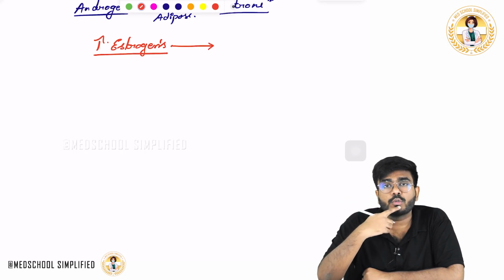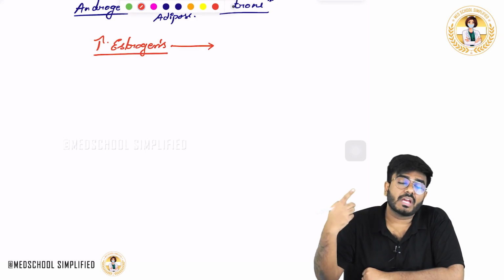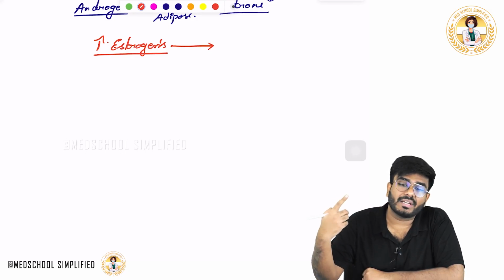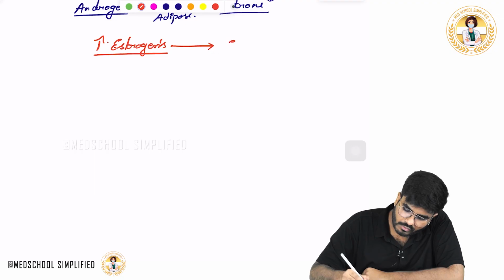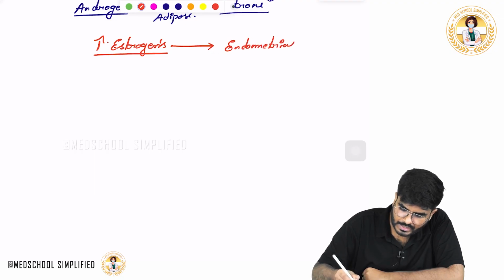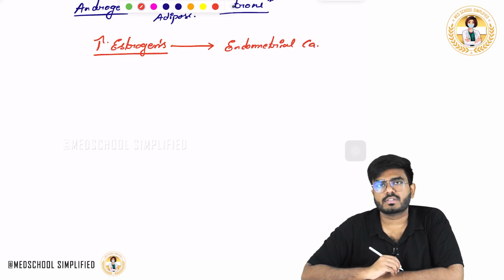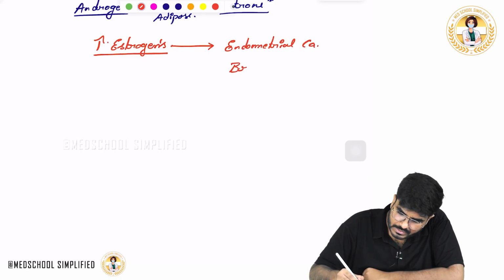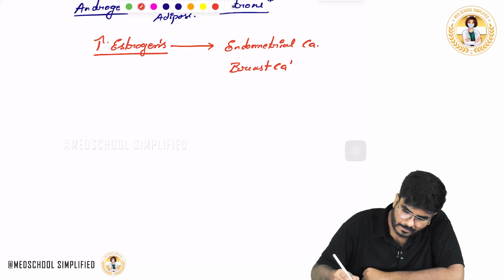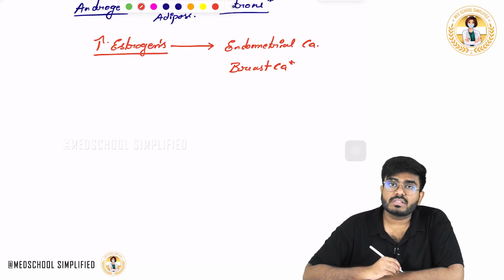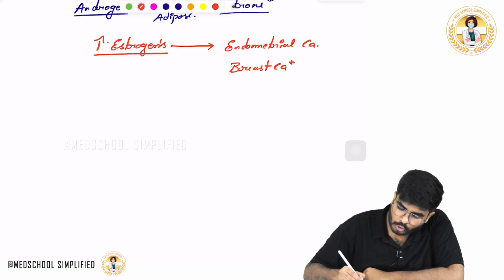Too much estrogen can lead to endometrial hyperplasia, and that endometrial hyperplasia can lead to endometrial cancer. So she is at risk of endometrial cancer. Hyperestrogenic states increase the risk of endometrial cancer and breast cancer. Not only that, high levels of estrogens can lead to endometriosis.